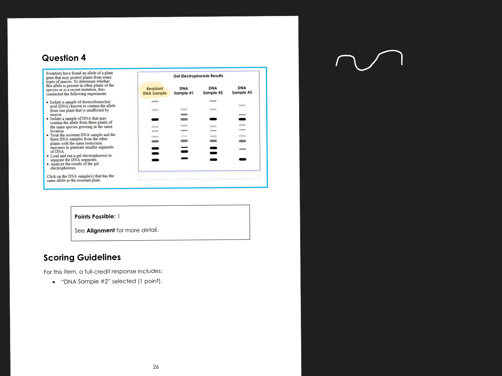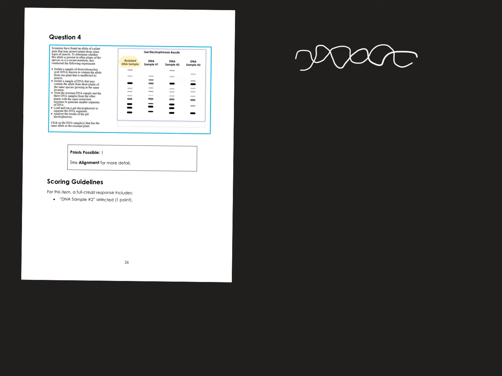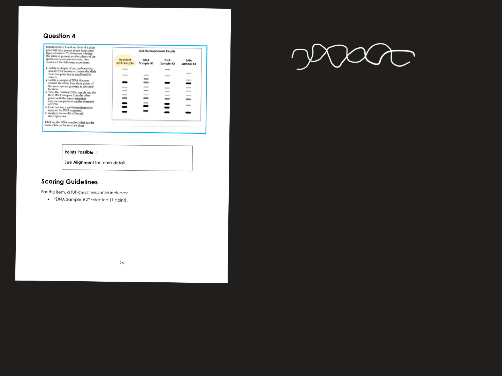Remember, DNA is very long. And restriction endonucleases or restriction enzymes are taken from bacteria, and we can use those to cut DNA up into different size pieces depending on the sequence.